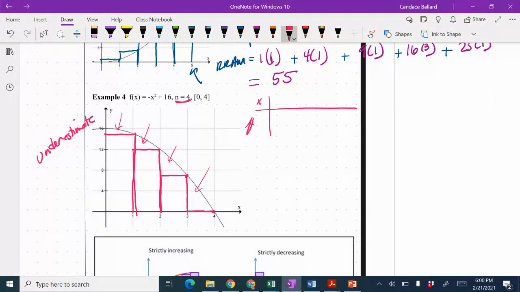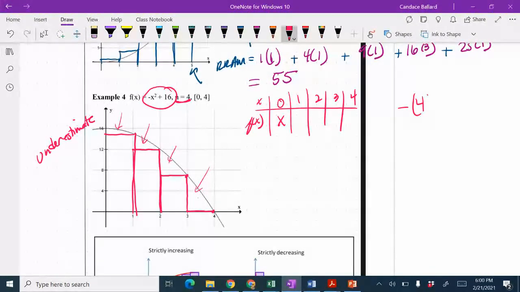All right, so I'm going to do my little chart for my table here. So I've got x, f of x, and I know I've got the values. I don't need 0, but 1, 2, 3, and 4. So when I put 4 into here, 4 squared, think about this. It's negative 4 squared plus 16, meaning that the negative is outside of the squaring part. So that makes it 0.